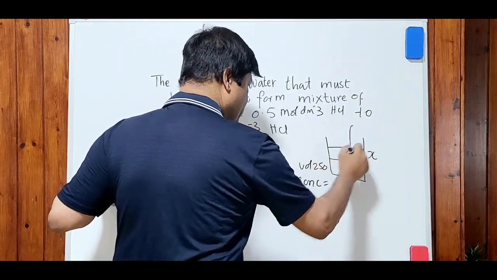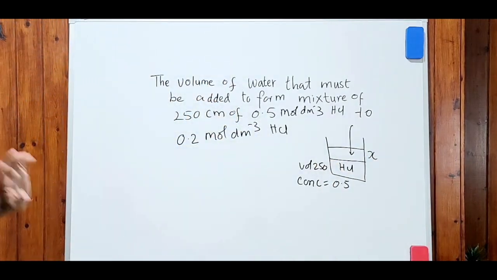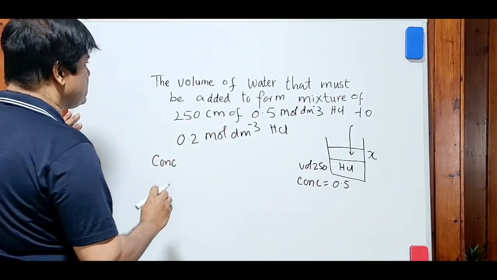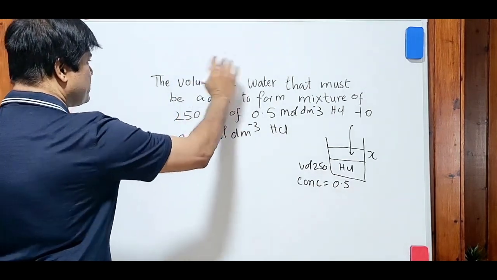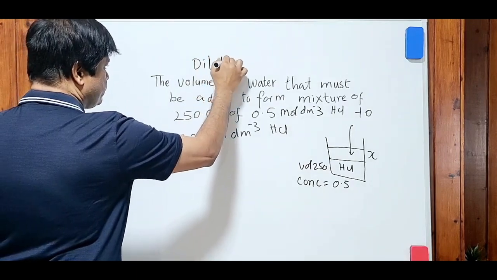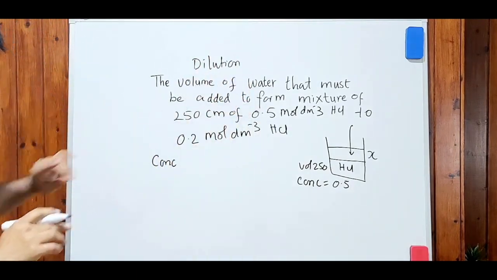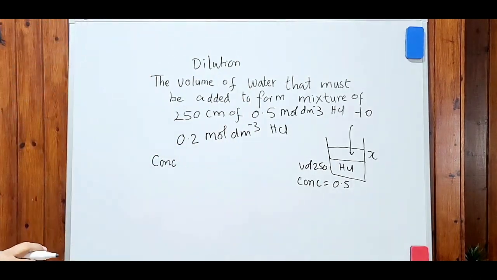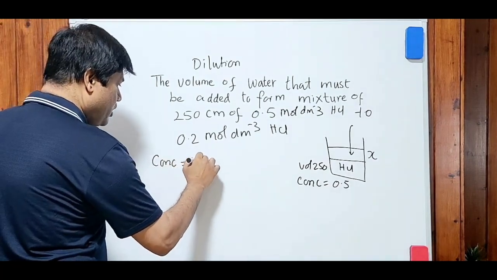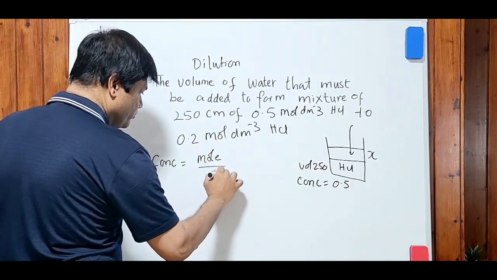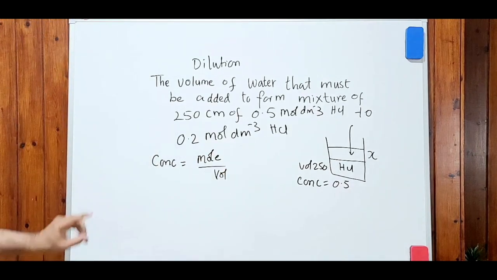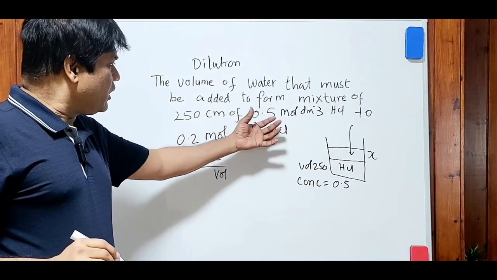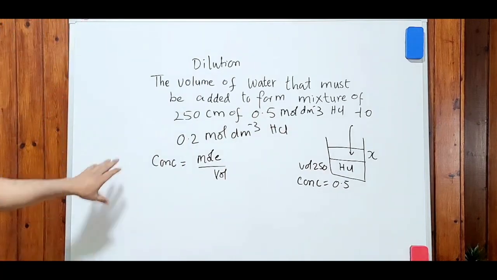When you add water, the concentration decreases. Why? I will tell you. Look at the formula for this. These questions are called dilution questions. And how much water you have to add to decrease its concentration. So conc equals mole over volume. As long as my solute is the same, we can use this formula.